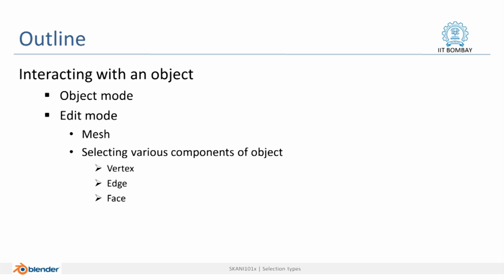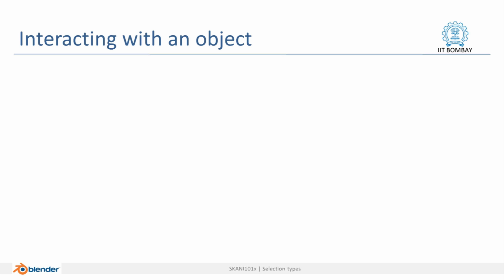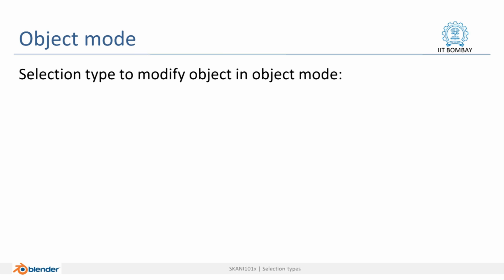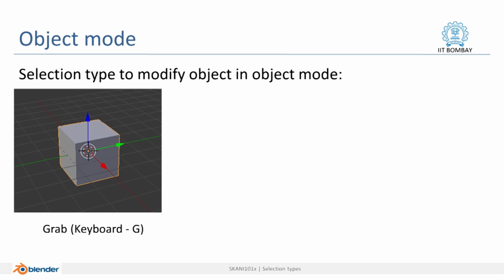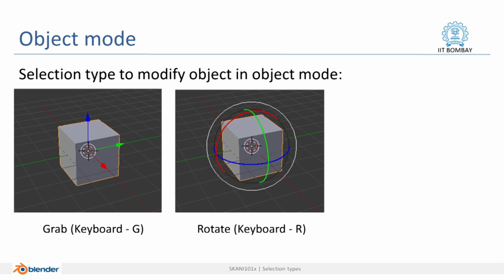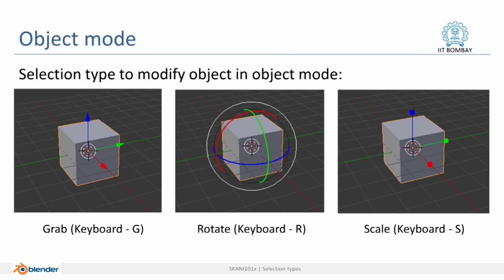The object mode is the most common because whenever you open Blender, the object mode is on by default. You have already seen how you can play with this object mode, because you can grab, rotate or scale a particular object.